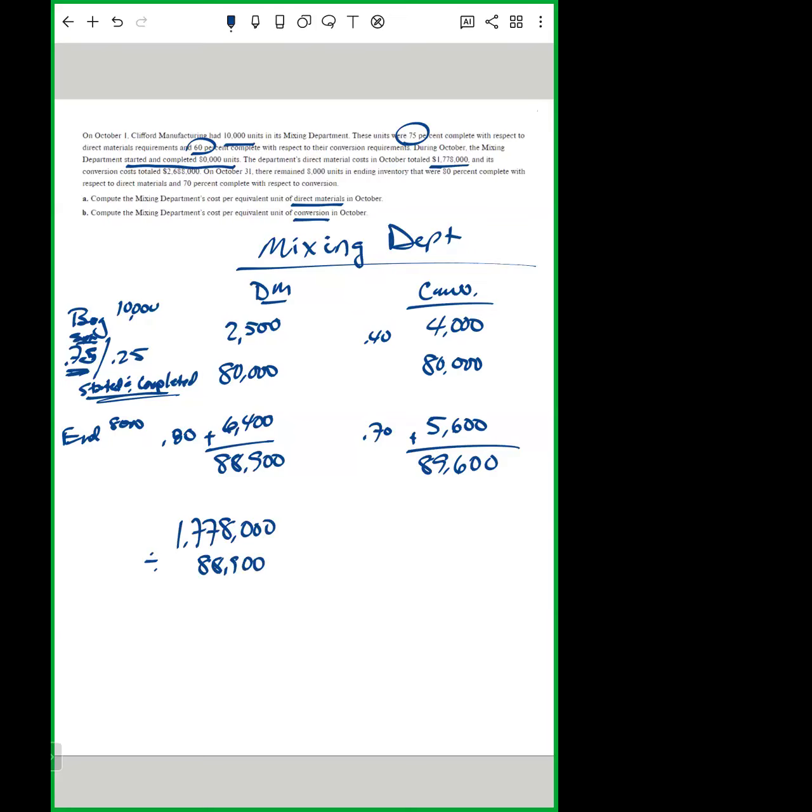I get $20 per unit for direct materials. And then I've got the 2,688,000. And if we divide that by the 89,600, let's throw that in my calculator. 2,688,000 divided by 89,600, I get $30 a unit.